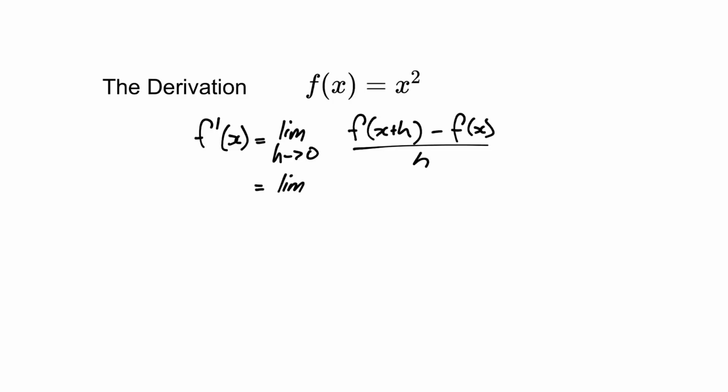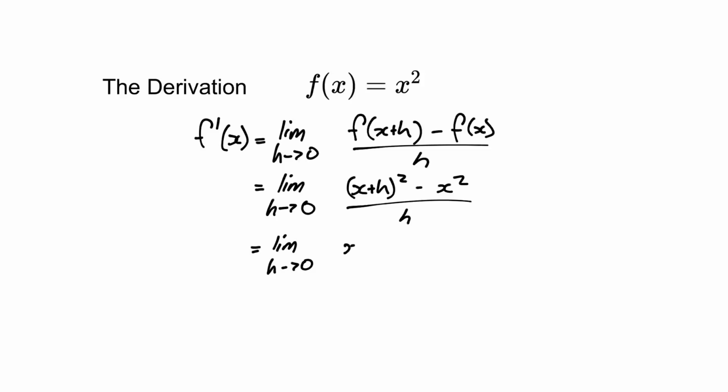Then we take the limit as h tends towards 0 of, replacing x with x plus h, so we get (x plus h) all squared minus x squared all divided by h. Next we expand the brackets, so we get x squared plus 2xh plus h squared minus x squared all over h. Simplifying this function, we have an x squared and a minus x squared, so we can cancel those out.